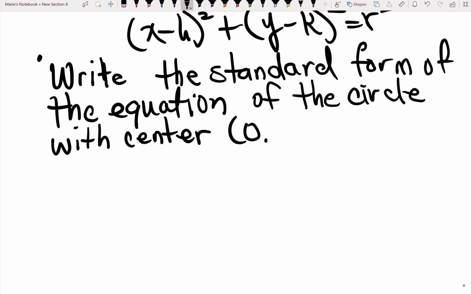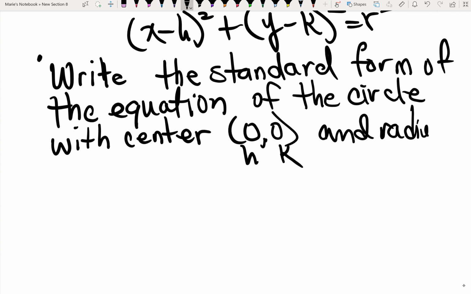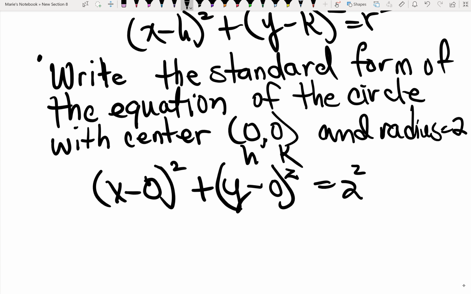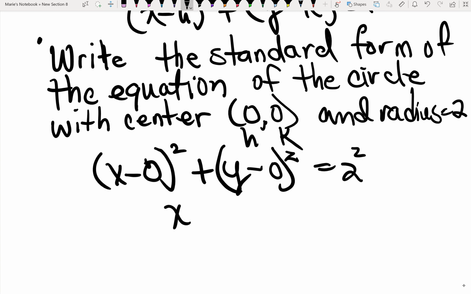Because the center is at the origin, h and k are both 0. And it says radius equal to 2. So in essence, when you do the formula, it's x minus 0 squared plus y minus 0 squared, and that's equal to 2 squared. When you condense this, it becomes x squared plus y squared is equal to 4. All right.